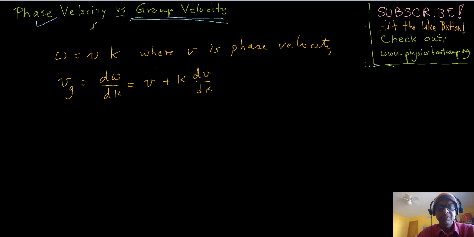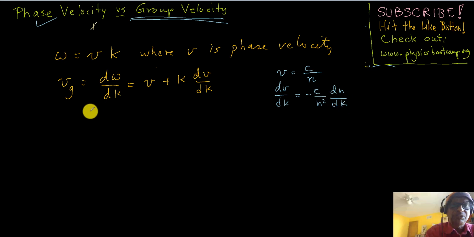Now let's relate this to refractive index. So v is the universal speed of light over refractive index. So dv over dk will be equal to minus c over n square dn dk.